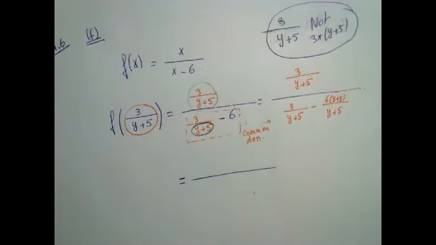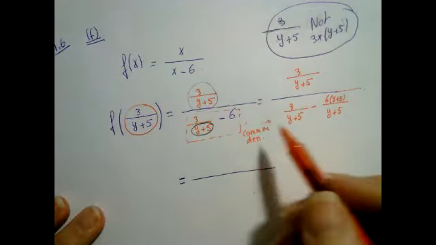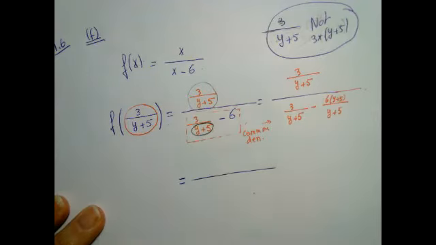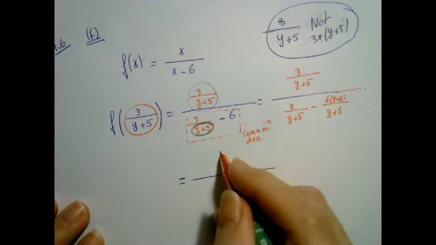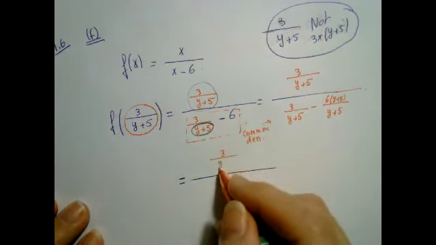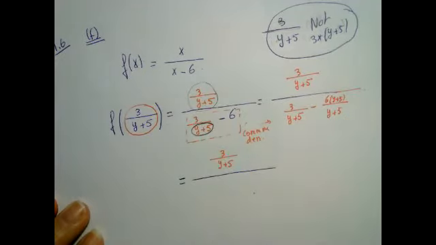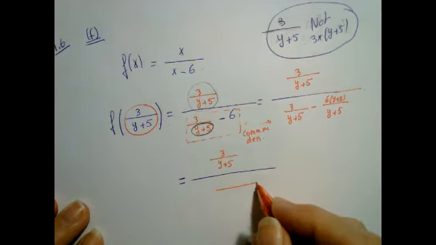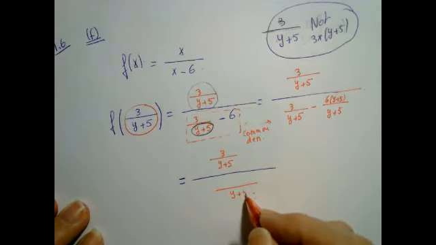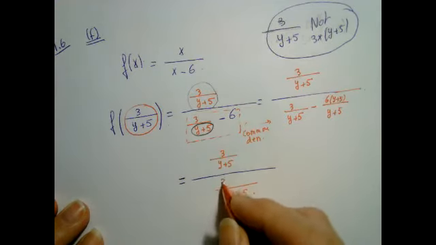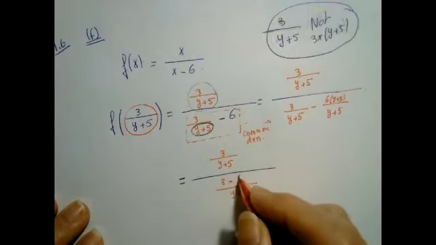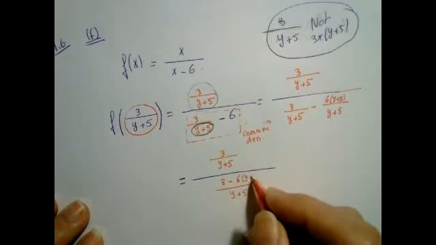Now, as I said before, I'm only working with the denominator. So as I said before, we find a common denominator so we can combine the numerator. So now I will have y plus 5 here, that's the common denominator, and here I will have 3 minus 6 times y plus 5.